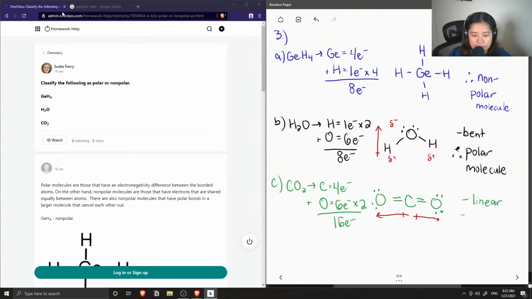And these dipole moments cancel out. And when that happens, we have something called a zero net dipole moment. So therefore, we can say that CO2 is nonpolar.